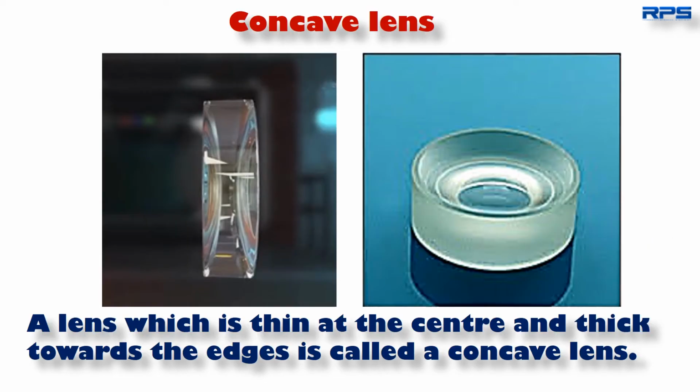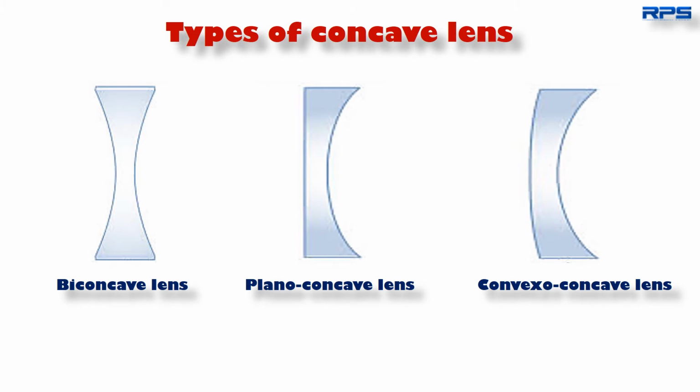Concave lens. A lens which is thin at the center and thick towards the edges is called a concave lens. Based on the structure of the two surfaces, concave lenses are of following types. Biconcave lens with two inward curved surfaces.